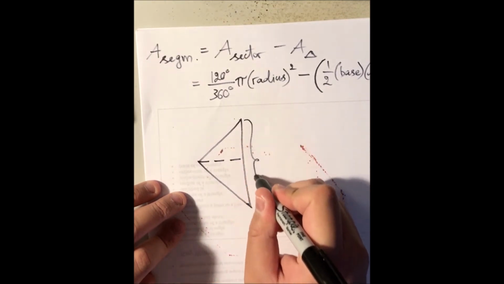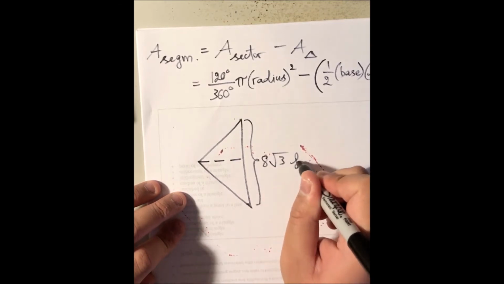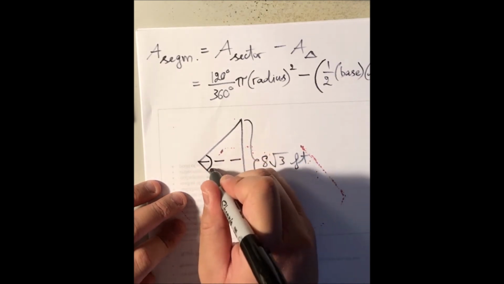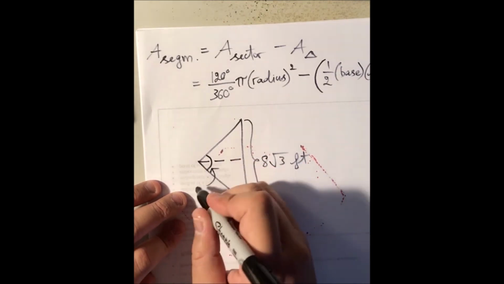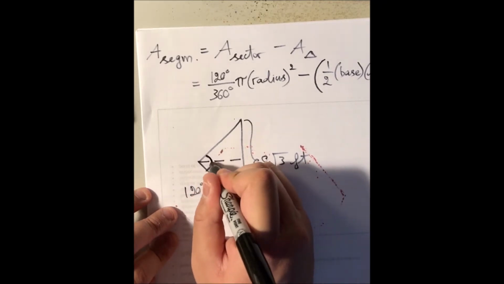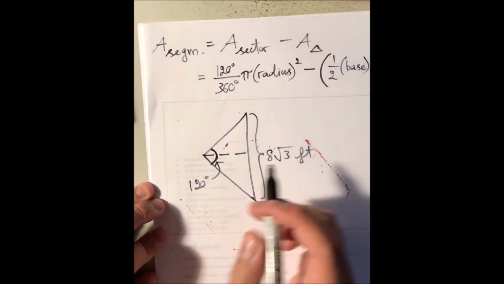So this part here is the chord, which is 8 times square root of 3 feet. And this entire angle here is 120 degrees, not just the left half. So how do we find the height?